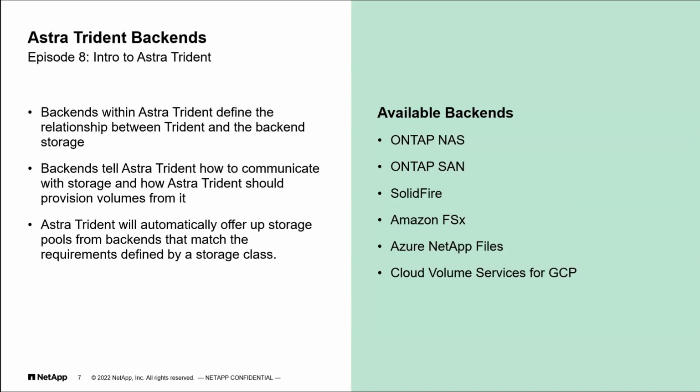The types of backends that are available: ONTAP NAS and ONTAP SAN, both of which also come in an economy model, which allows you to use fewer volumes. Also SolidFire, and then on the cloud side, we have backends for Amazon FSx, Azure NetApp Files, and Cloud Volume Services for GCP.